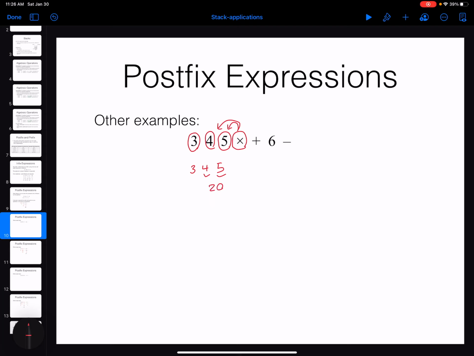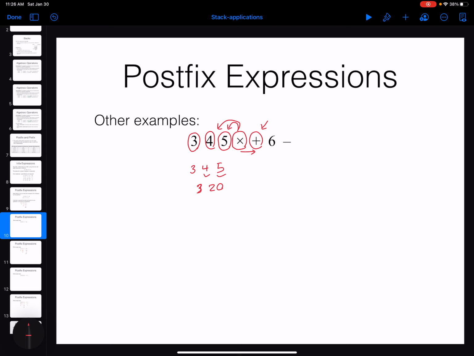And from before, I already kept 3 as well. You shouldn't lose 3, right? Because you need it later. So far I have 3 and I have 20. Then you continue reading the next token. The next token again is going to be an operator. It doesn't matter if you have a couple of operators coming in sequence.